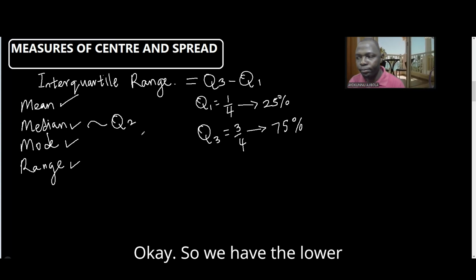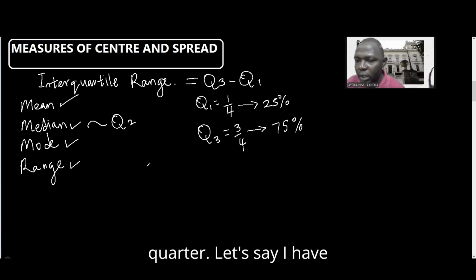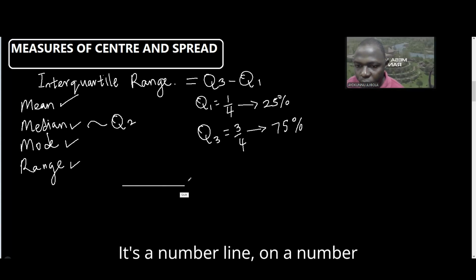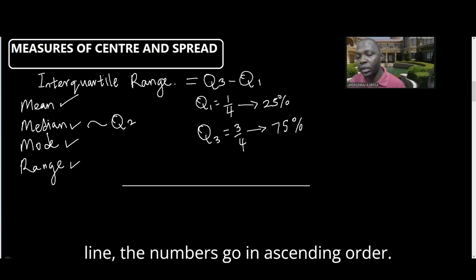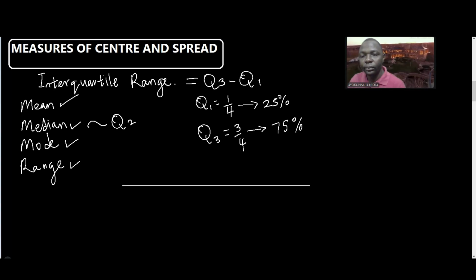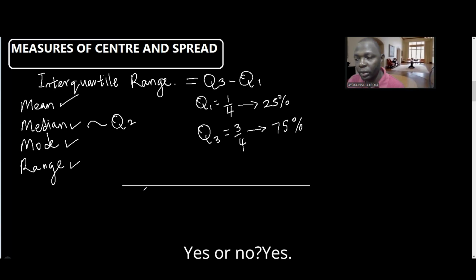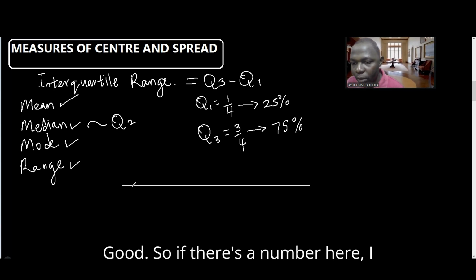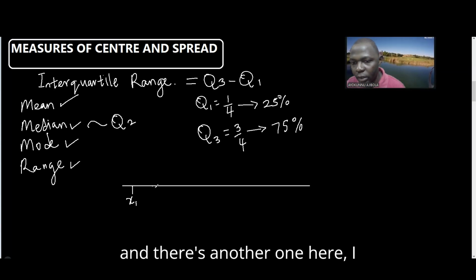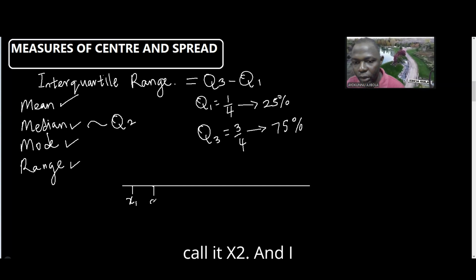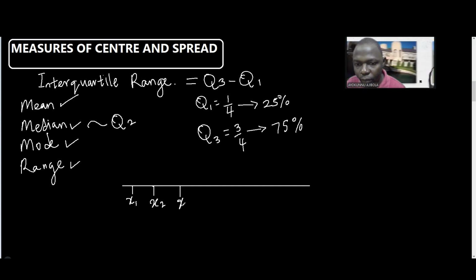Okay, so we have the lower quarter, we have the upper quarter. Let's say I have a number line, and on the number line the numbers go in ascending order. Yes or no? Good. So if there's a number here, I call it x1, and there's another one here, I call it x2, and I have another one here, number 3.